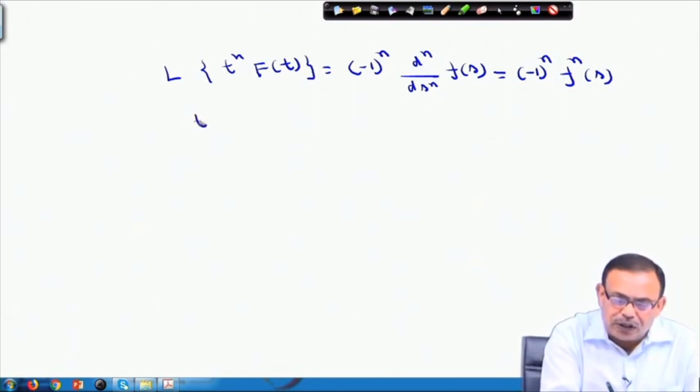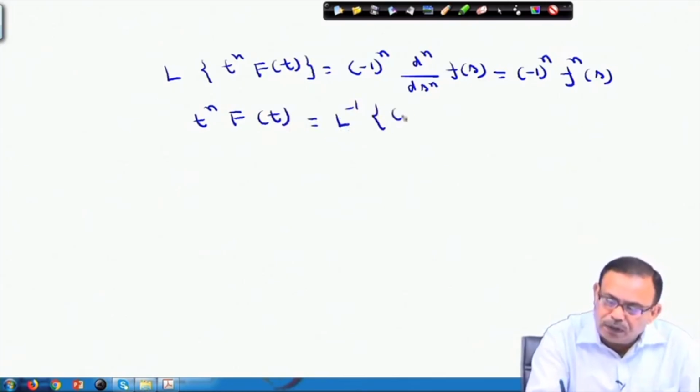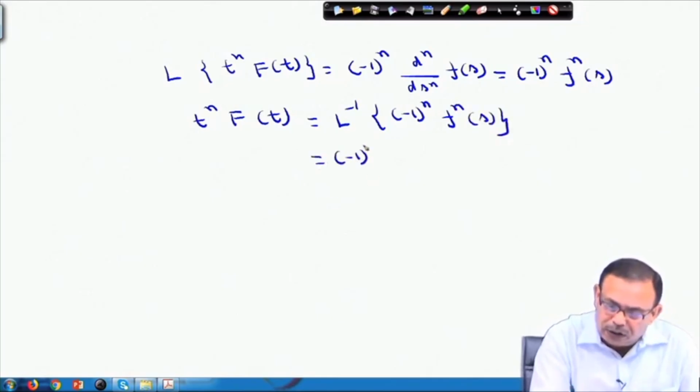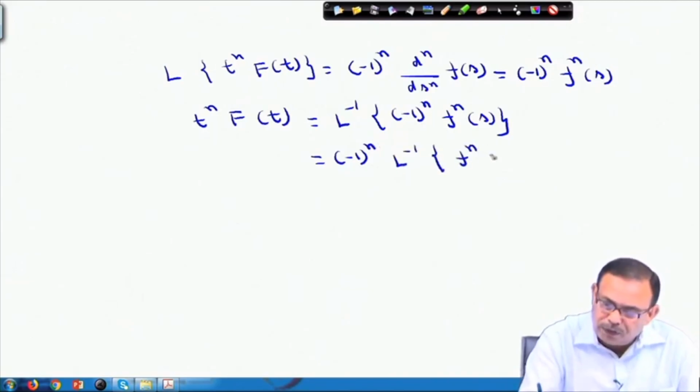Therefore, t to the power n into f(t) equals the Laplace inverse of minus 1 to the power n F^(n)(s). Minus 1 to the power n I can bring outside, Laplace inverse of F^(n)(s).